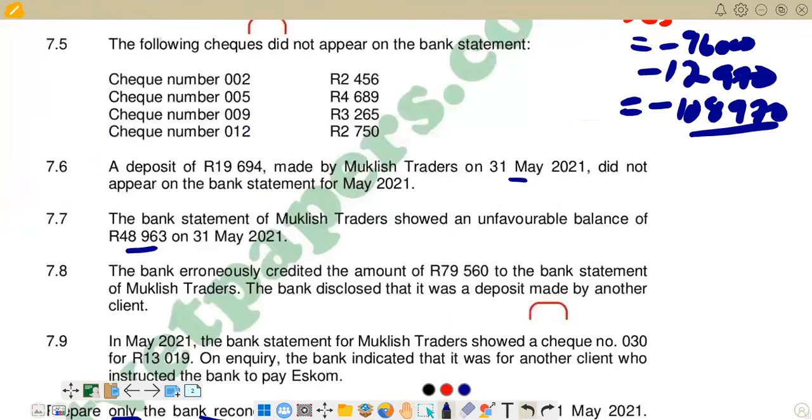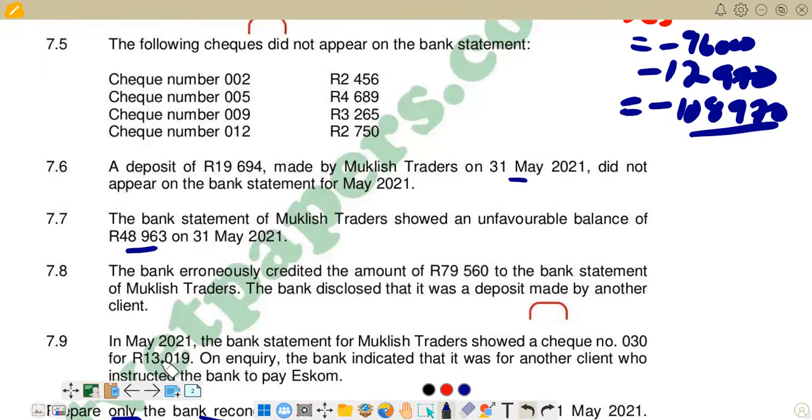Then we check if we have got any other adjustments in the question. After this one, we have in May 2021, the bank statement of Muklish traders showed a check number 030 for 13,019. On inquiry, the bank indicated that it was for another client who instructed the bank to pay ESCOM.